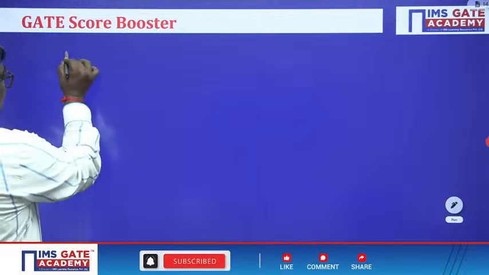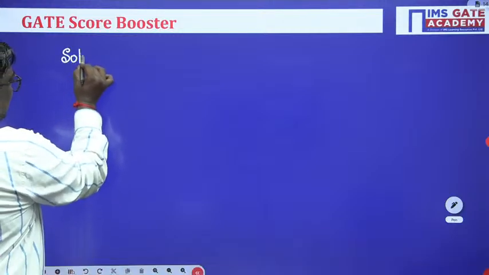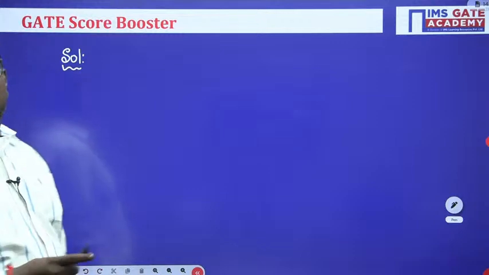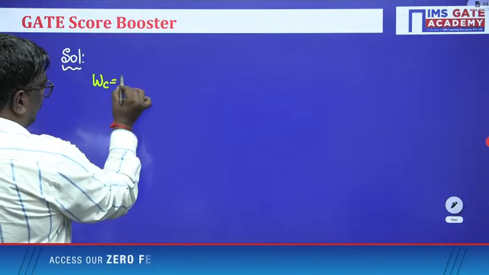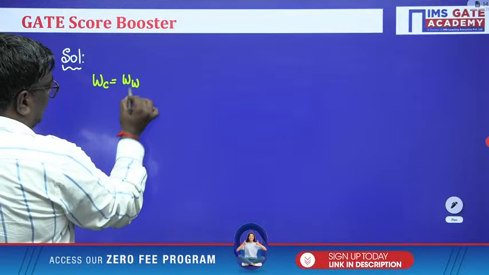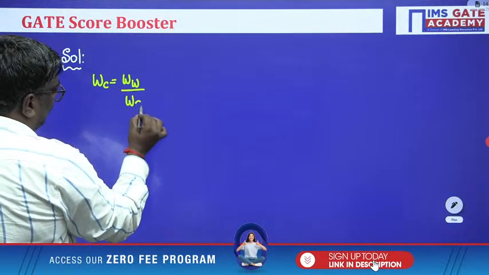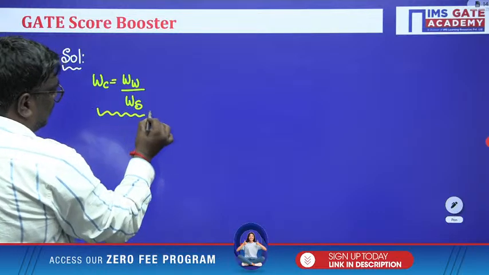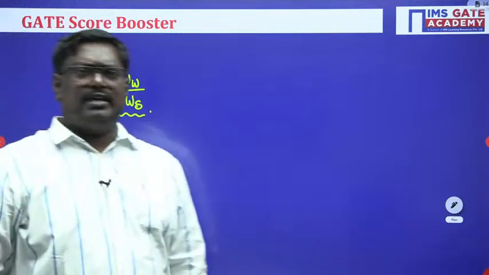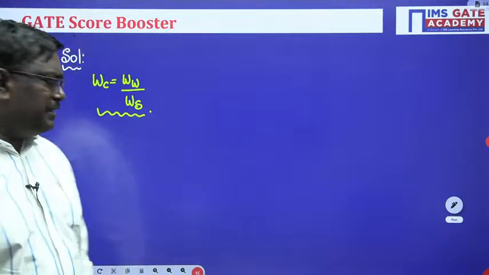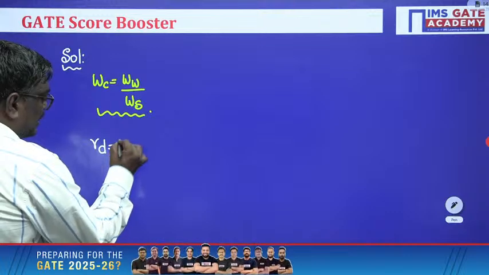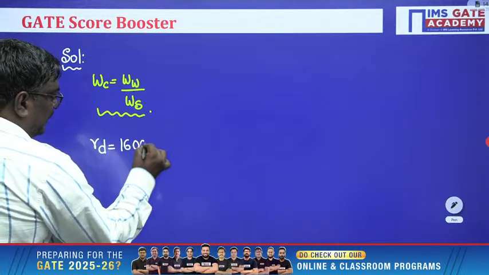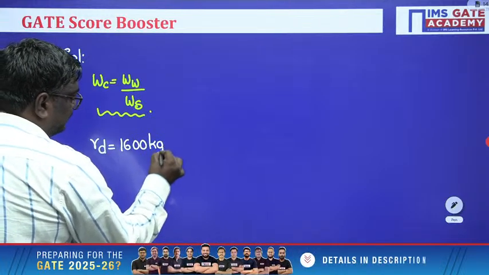Here they are asking what is the water content. Water content is nothing but the ratio of weight of water upon weight of solids. Now they have given you gamma d is equal to 1600 kg per meter cube, which is given data.